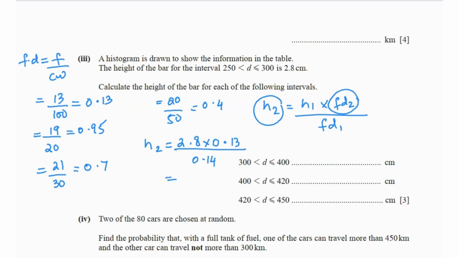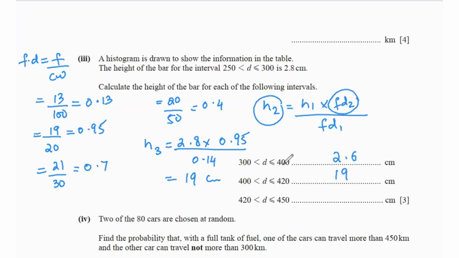So if you solve this, what you should get is 2.6 centimeters. And I'm going to repeat this step again, but now I'm going to find the third height. So now we're doing H3 and this is going to be FD3. So FD3 is 0.95. So 2.8 times 0.95 divided by 0.14 is going to give us 19 centimeters.